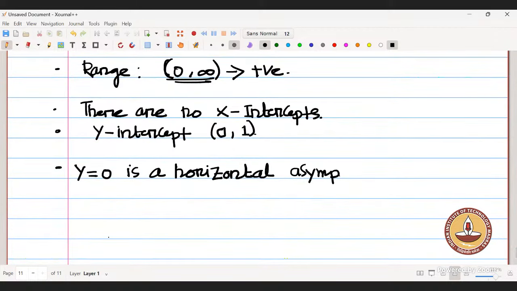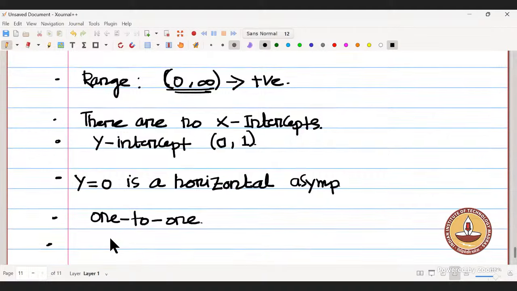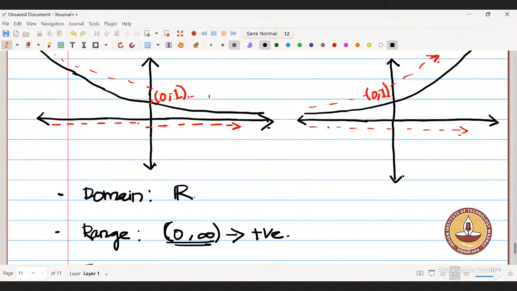And one more thing: again, this function is a 1 to 1 function. This part is strictly decreasing, and this part is strictly increasing.